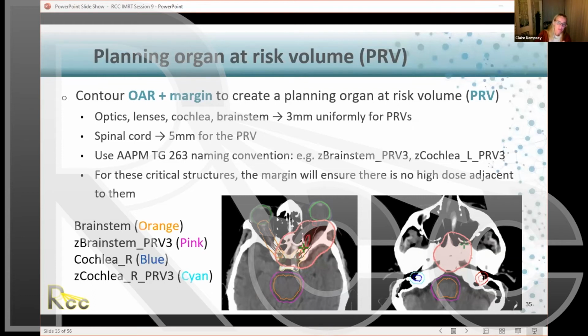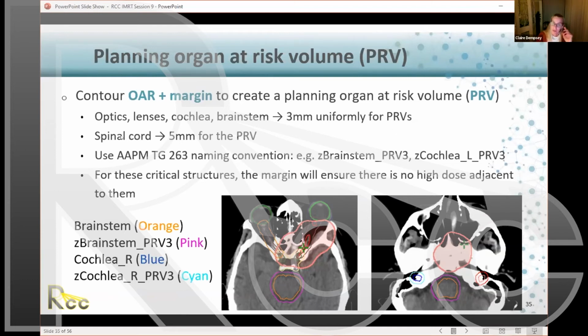So it's just a bigger volume that sits around that particular organ at risk. So for example, all the stuff with our optics, so our optic chiasm, the lenses, the optic nerves, and then things like the cochlea and the brainstem, we'll give a 3 millimeter margin around those structures for the planning organ at risk volume there.